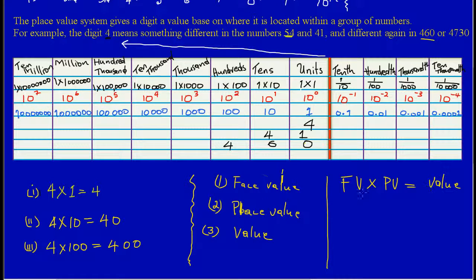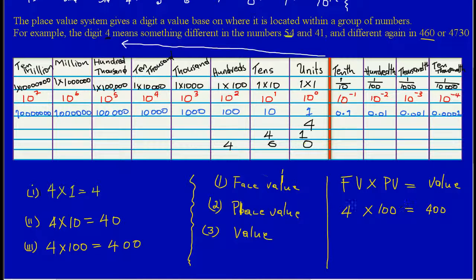For example, in part 3, in the number 460, the face value was 4 and the 4 falls in the hundreds column, so I multiplied it by the place value: 4 times 100 is 400.